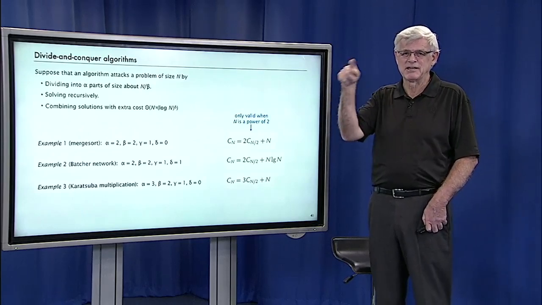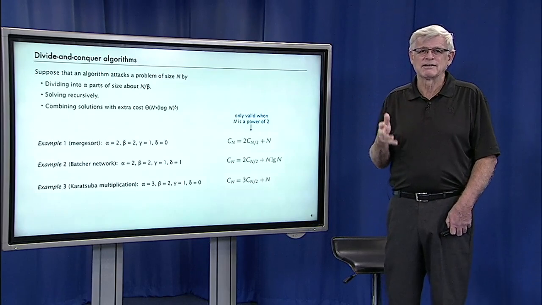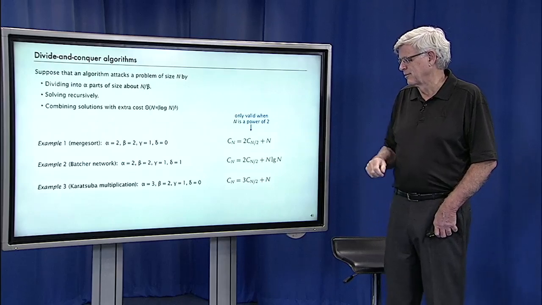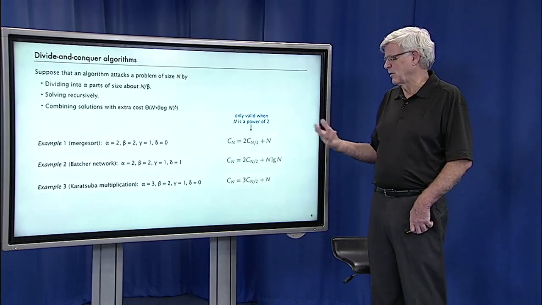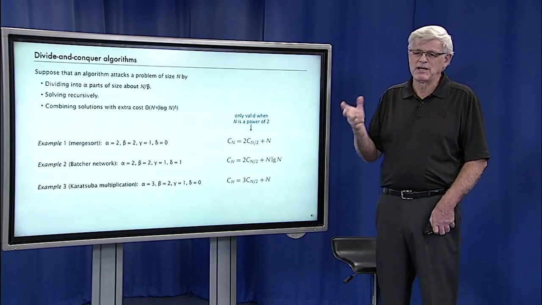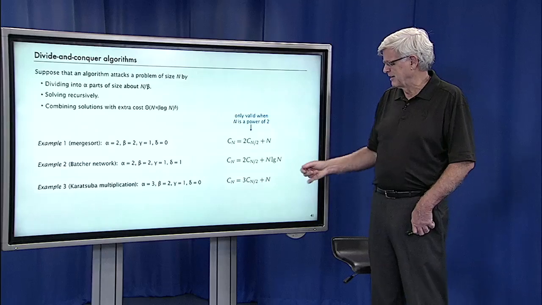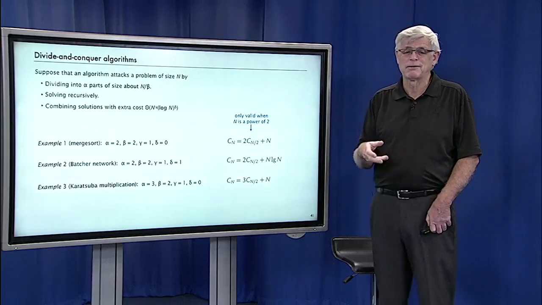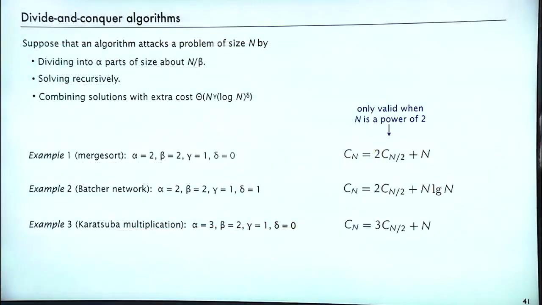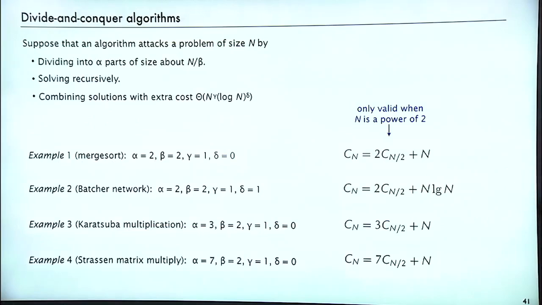You get a little n by n table of bits that's going to take time proportional to n squared. And then the Karatsuba multiplication algorithm came along, where they showed how to multiply n-bit integers by dividing into 3 problems of size n over 2, and then combining with an extra cost of n. And so that's the number of steps required for that particular multiplication algorithm.